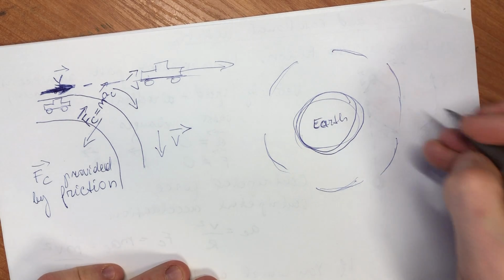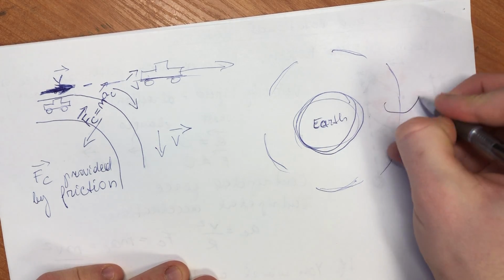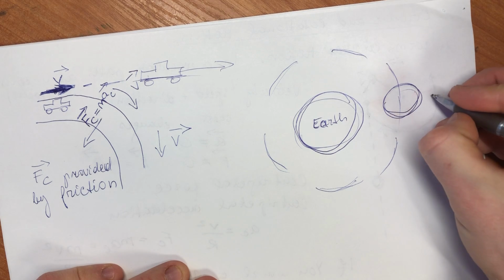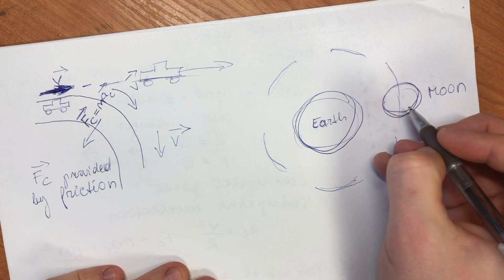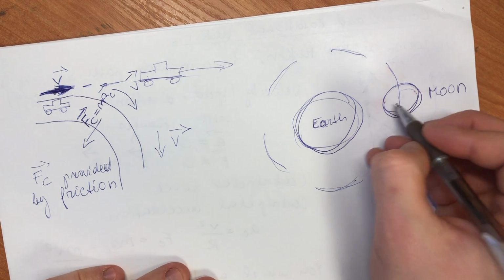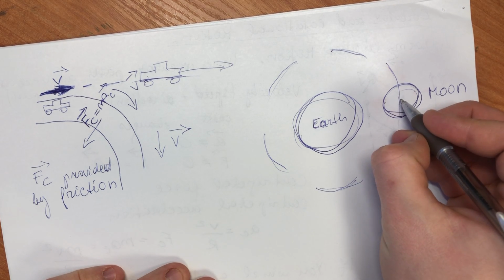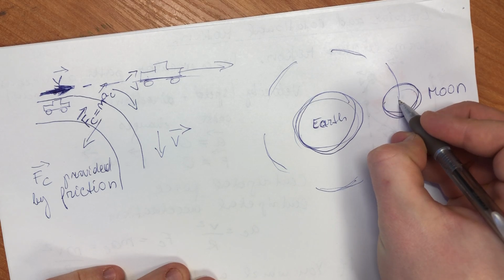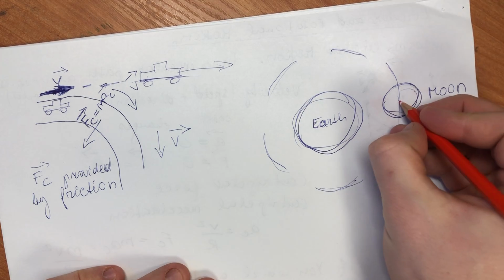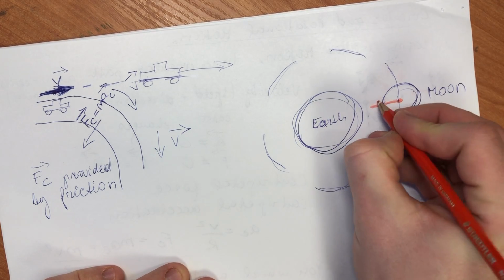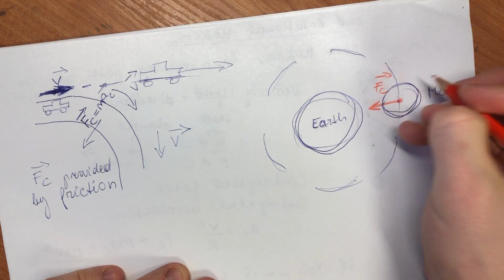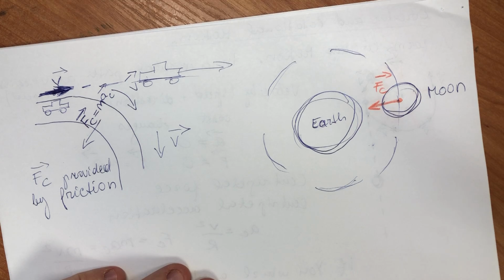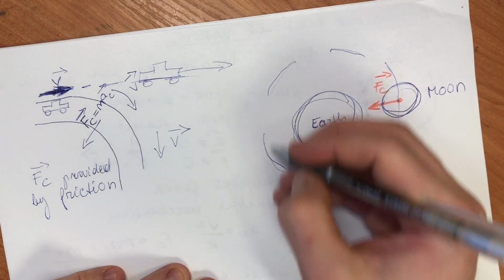So the moon is going circularly around the Earth, so there we can draw the moon. Earth's gravitation provides the centripetal force. So in this case, centripetal force is provided by Earth's gravitation, so the moon is going around.